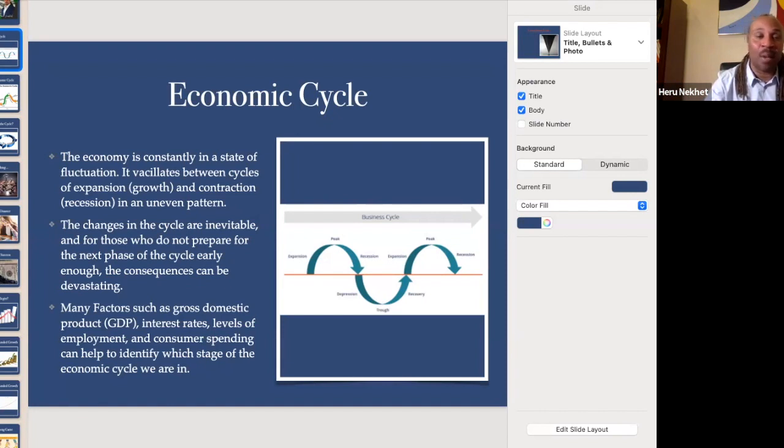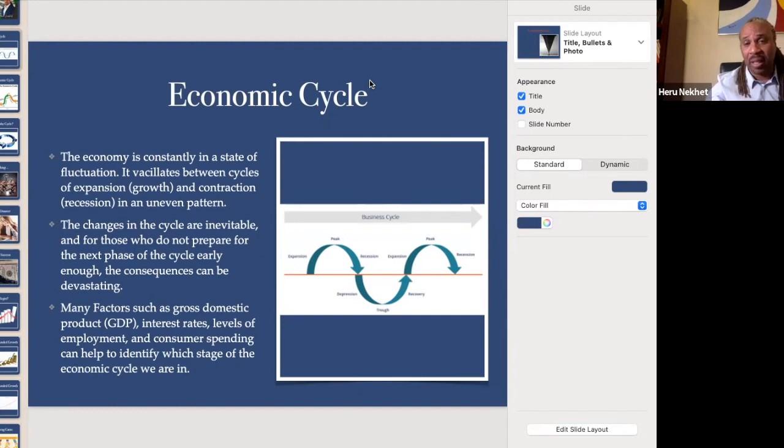The economic cycle is a constant flux of growth or expansion, peak, decline, trough, growth and expansion, peak, decline, trough. It just goes over and over and over. But the cycle is not well defined in the sense of it stays the same. So it's not like every 5 years. It could be 10 years. It could be 20 years that it grows.